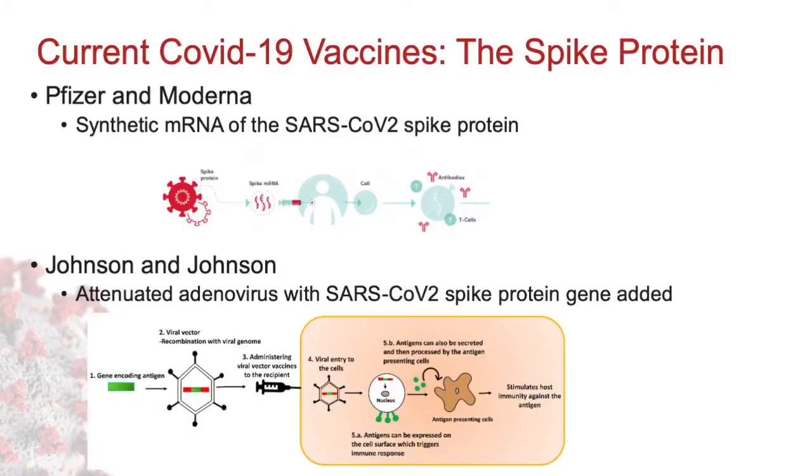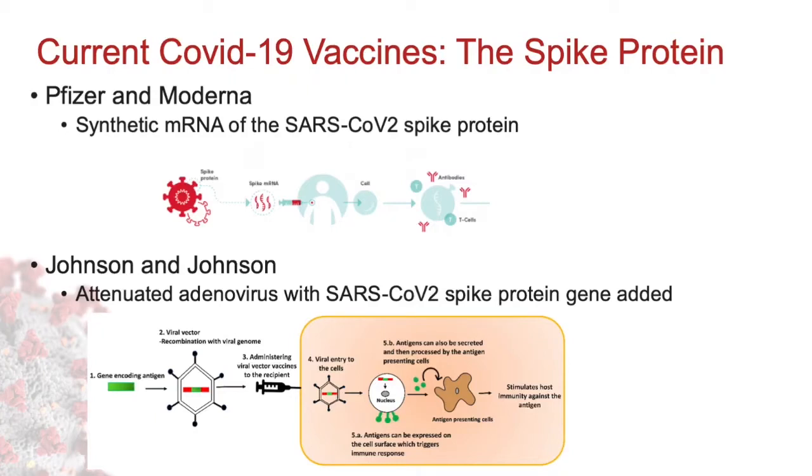So how can you get your cells to display the spike protein to the immune system, such that the immune system will generate antibodies and T cells against it without actually having to undergo the infection? There are two ways in which the currently approved vaccines do this. We have 3 vaccines currently approved in the US. There are other vaccines under development that use different mechanisms. I'm not going to go into those, but let's focus on the 3 that are on the market right now.